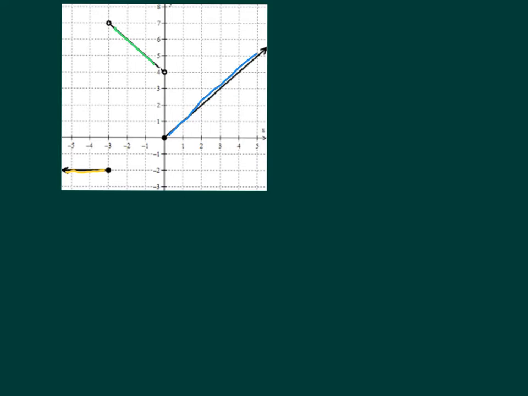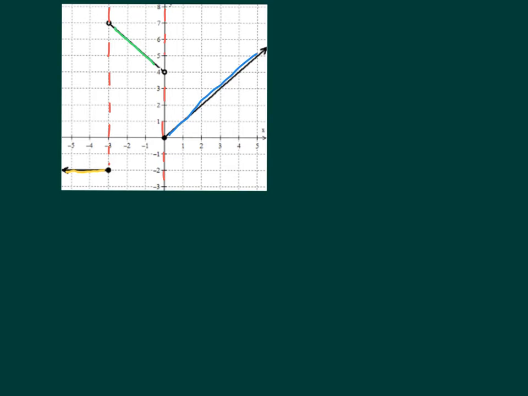So I've got some boundary lines. I'm going to put the boundary lines in red. That kind of tells me, because they cross here, but remember they don't overlap. One's got to be open circle, the other's got to be closed.